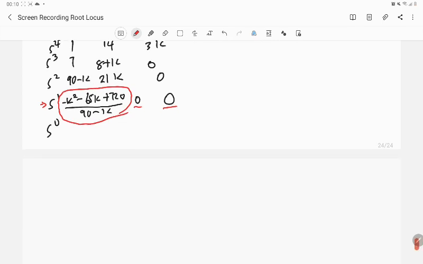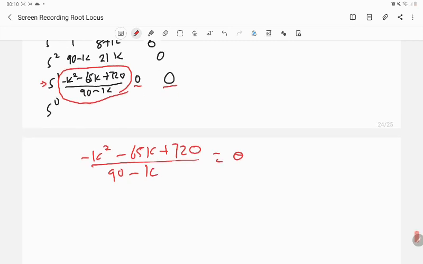So if we force that to be 0, it means we will equate k squared minus 65k plus 720 all over 90 minus k equals 0. And once that is equal to 0, then we have 0, 0, 0. That is the row of zeros. Okay, so this gives k squared minus 65k plus 720 equals 0.